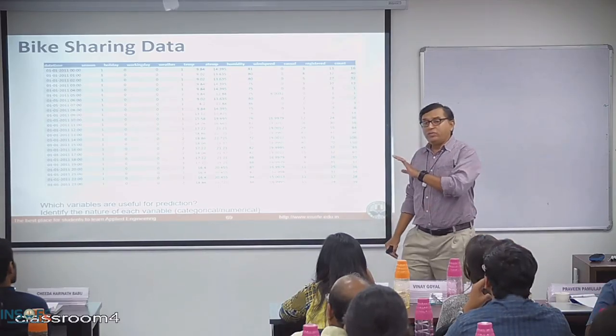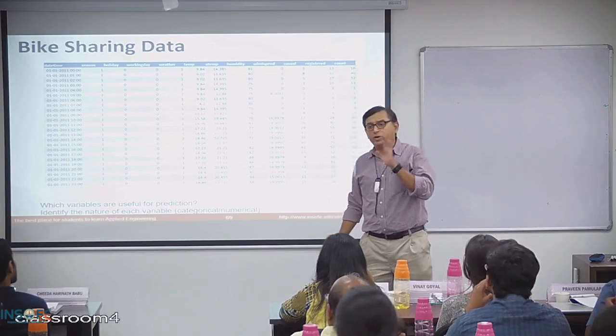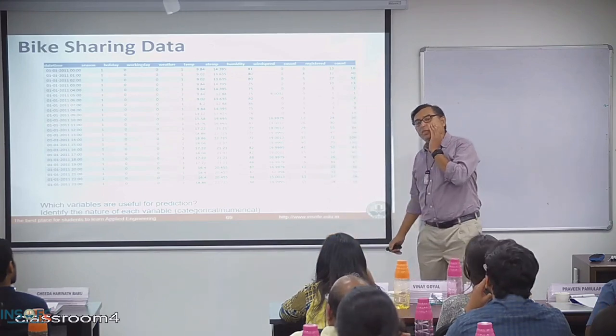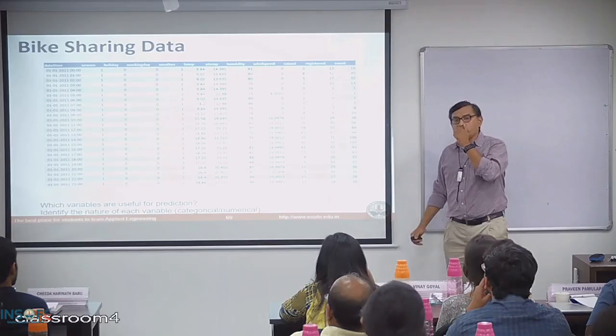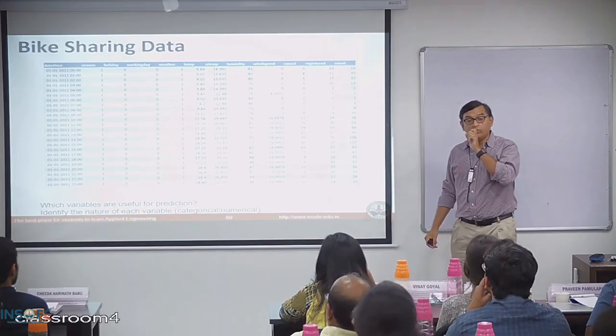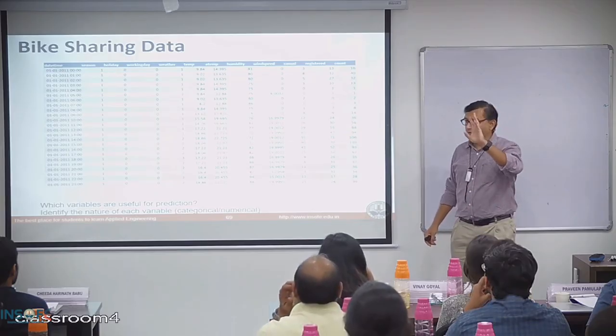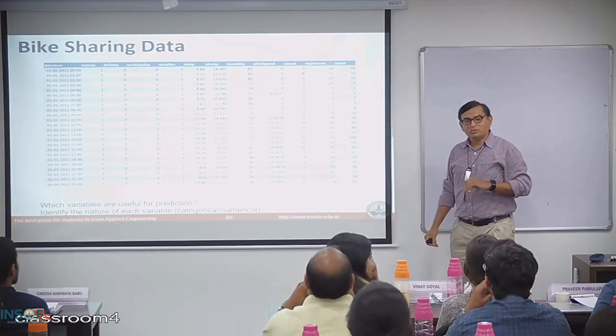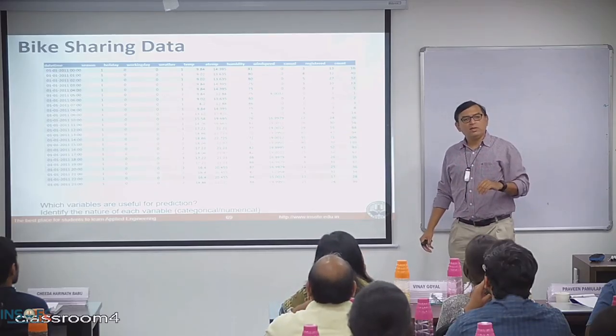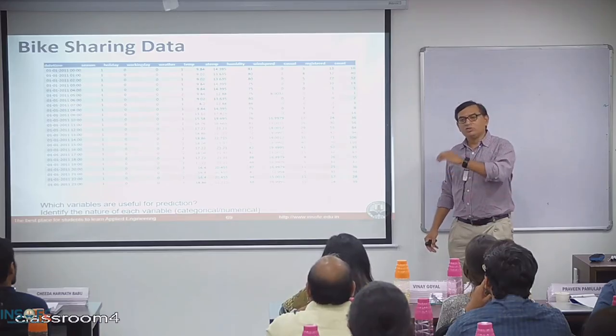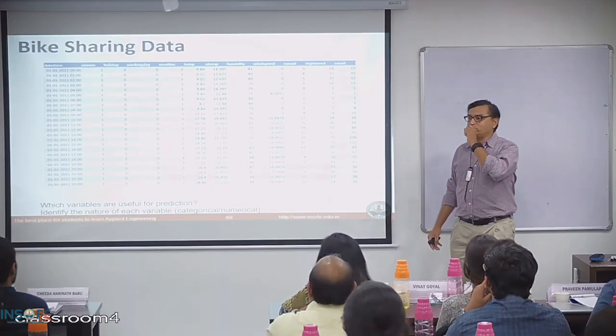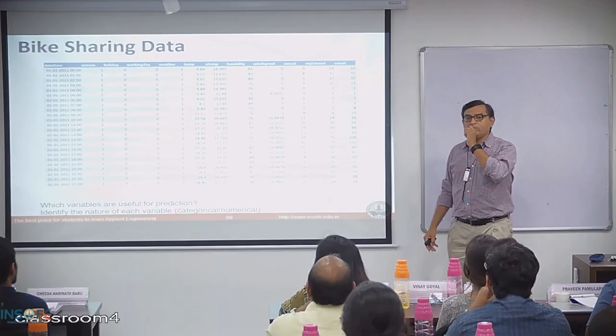Which variables are useful for prediction? All of them? Holiday or not, potentially useful. So maybe I should ask, is there any variable that is not useful for prediction? Humidity?